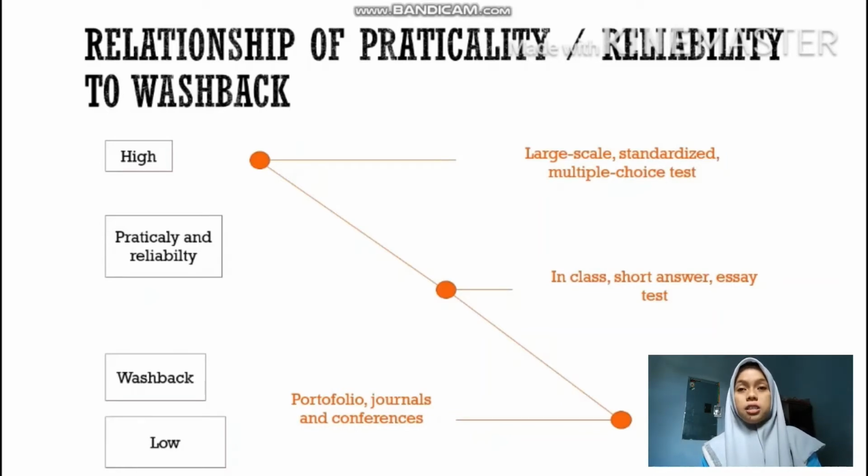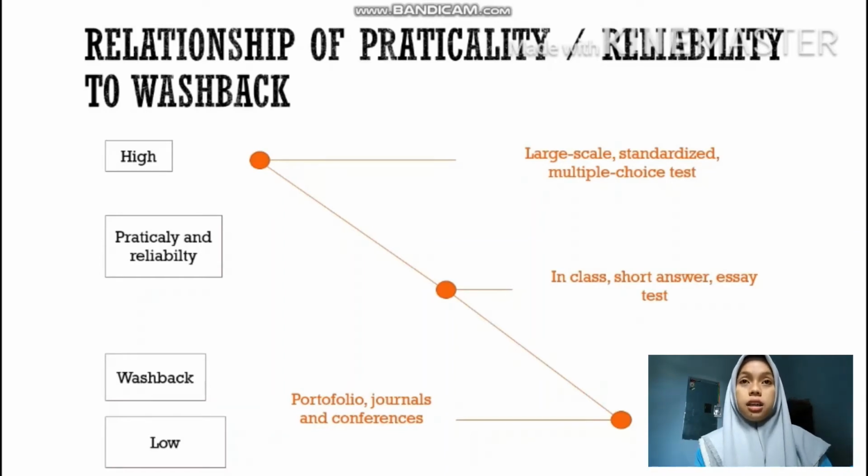On the other hand, tools like portfolio, journals, and self-assessment are open-ended in their time orientations and format, contextualized to curriculum, referenced to the criteria and objectives of the curriculum, and then likely to boost intrinsic motivation. Jadi untuk membangun motivasi dari dirinya sendiri.